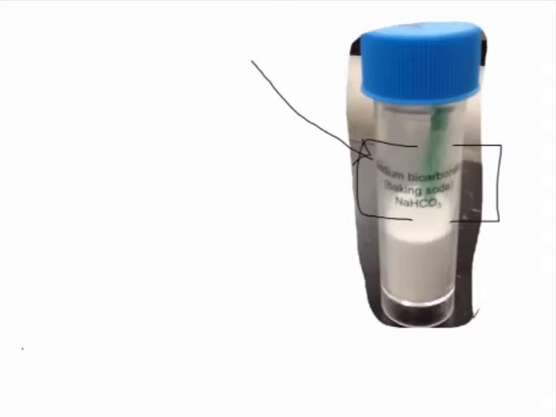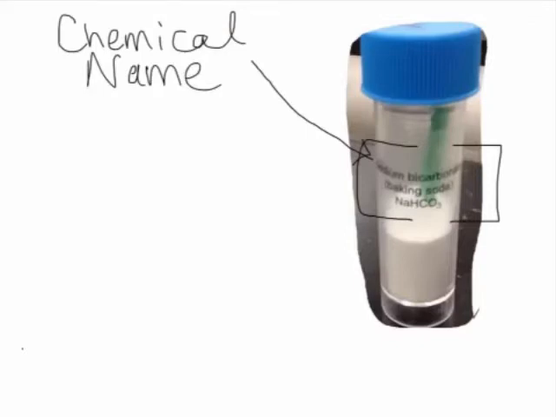This word is the chemical name for the substance. The chemical name for the substance usually gives you some clues about what elements are in the substance. For example, you can see here that the word sodium is the first word, and at the end it says bicarbonate, you can guess that sodium and carbon elements make up this substance.